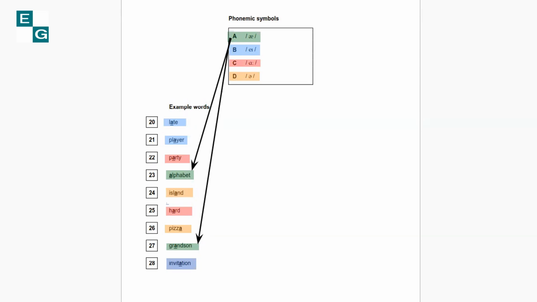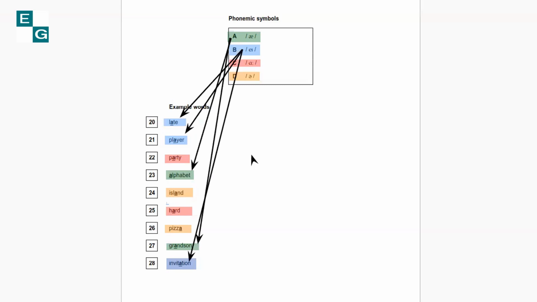Then I'm going to also say that the phoneme A takes the words late and player. Player, if you want to say. And of course, invitation. We say invitation.